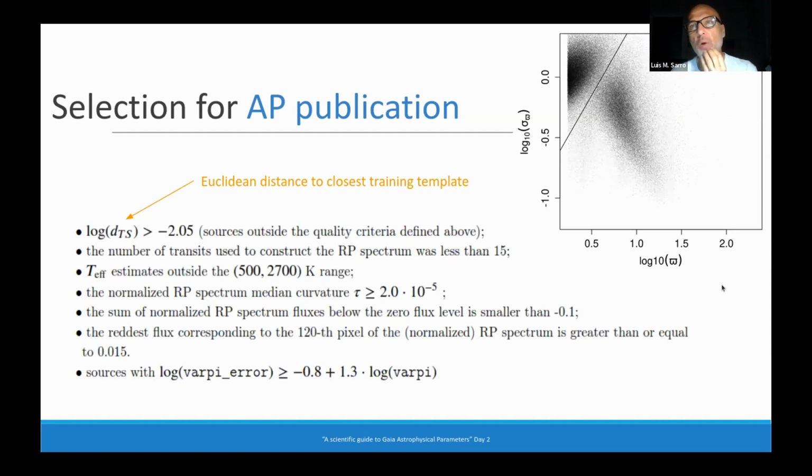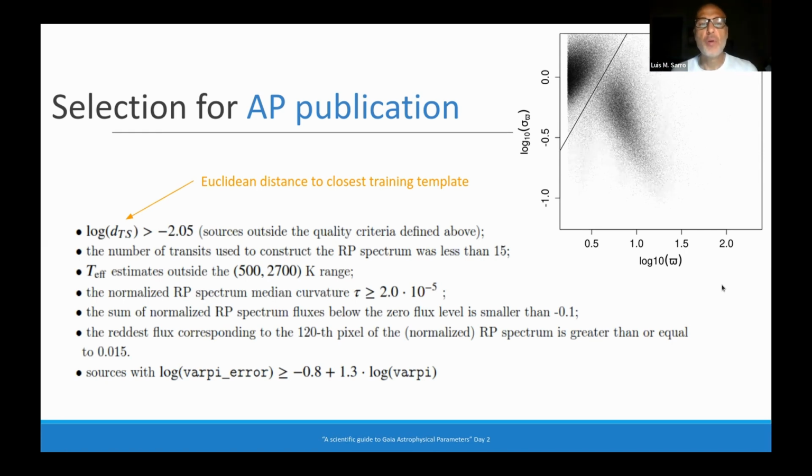For the lower quality RP spectrum, it produces wiggles, high frequency oscillations, high in the context of RP spectra. So we wanted to publish only RP spectra which were not severely affected by these oscillations. So this is this criterion, which avoids spectra with high median curvature.